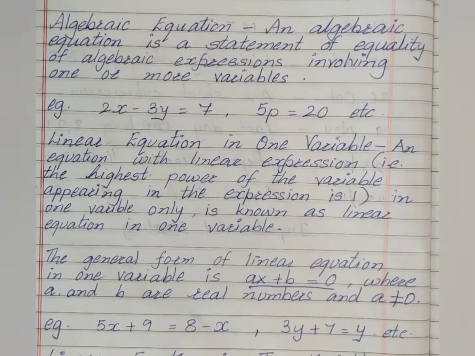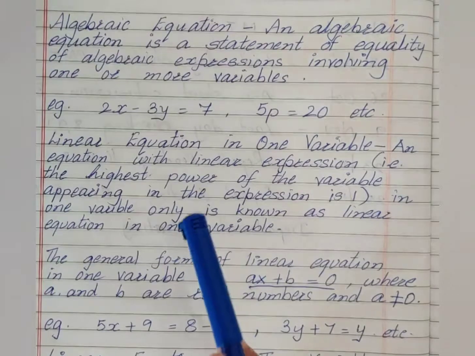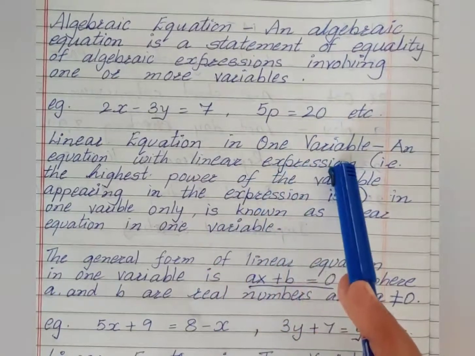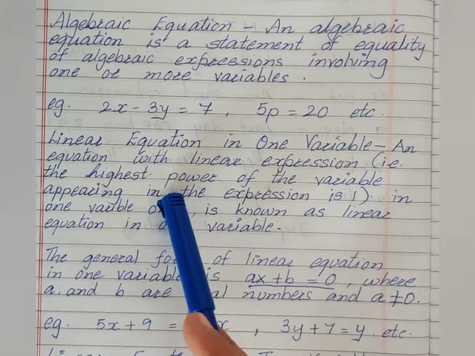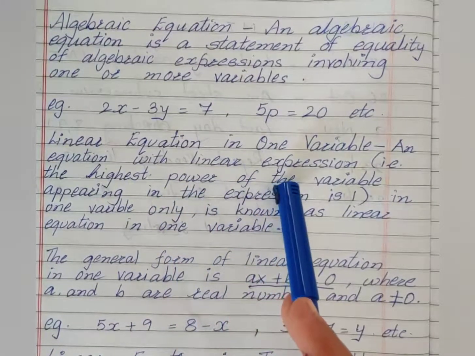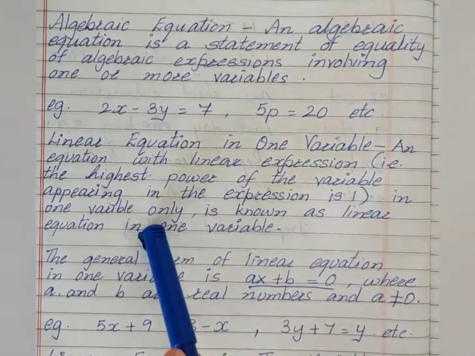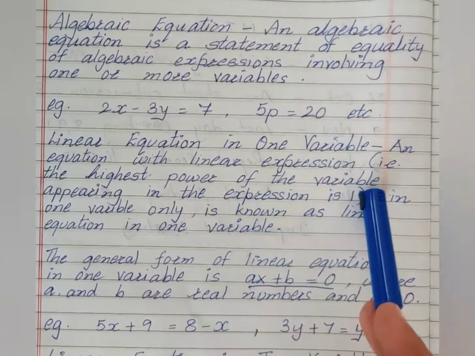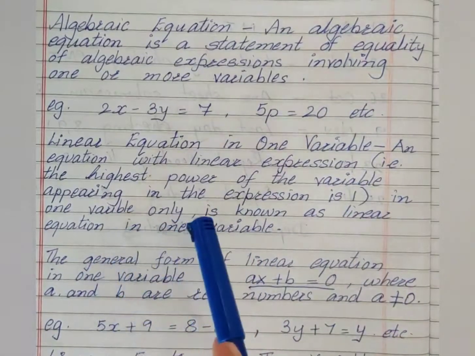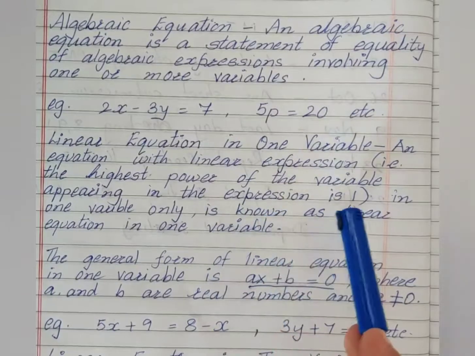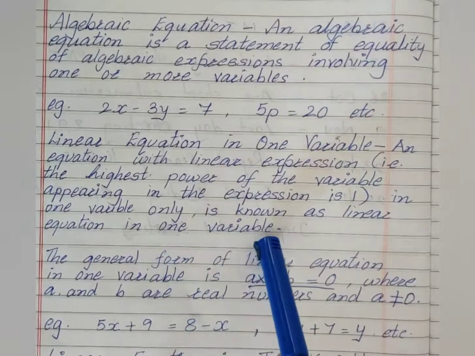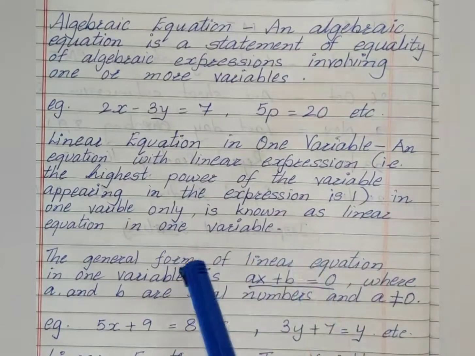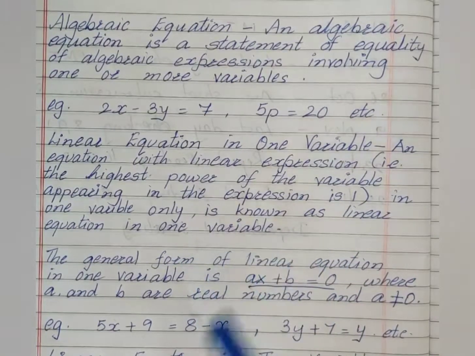Let's recall once again. Linear equation in 1 variable: an equation with a linear expression, that is, the highest power of the variable appearing in the expression is 1, in 1 variable only, is known as a linear equation in 1 variable.